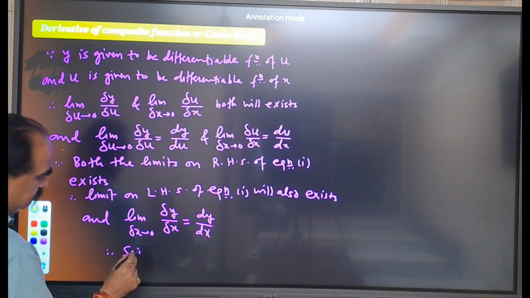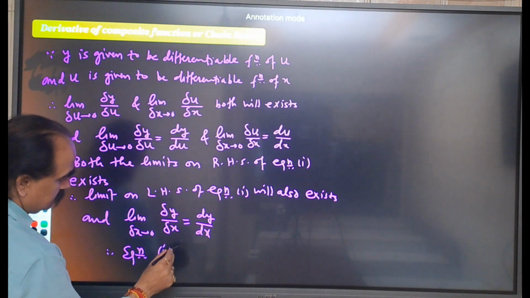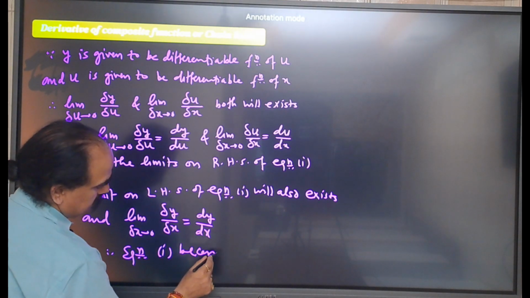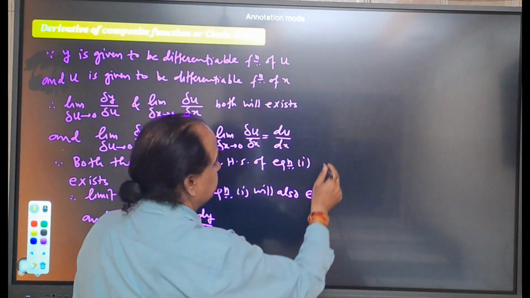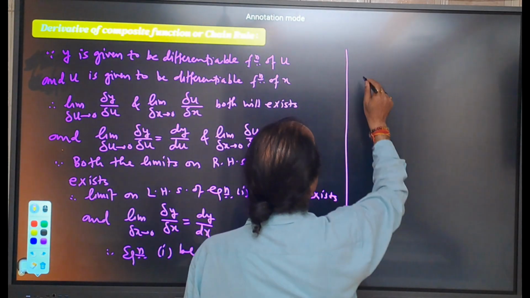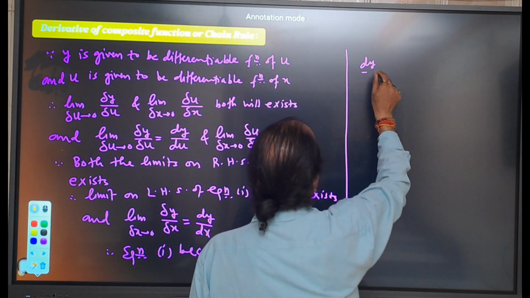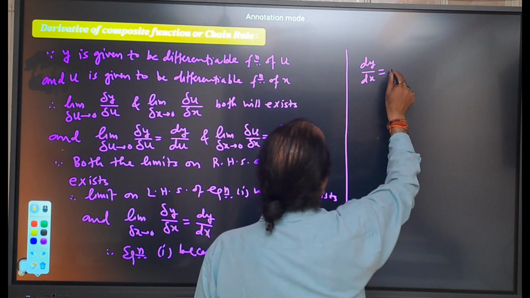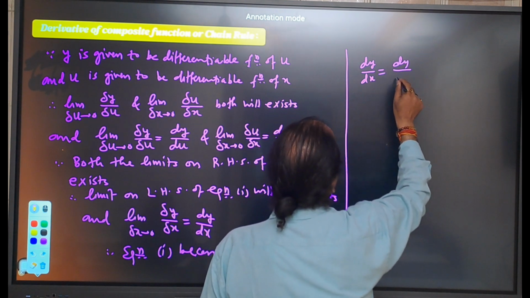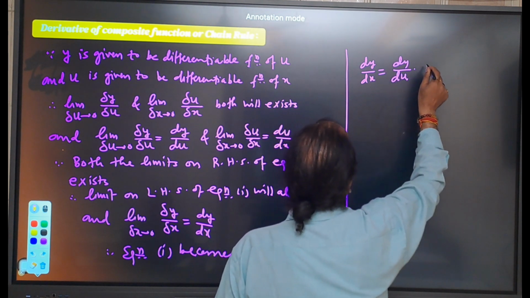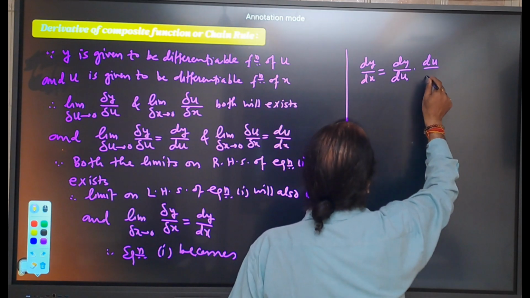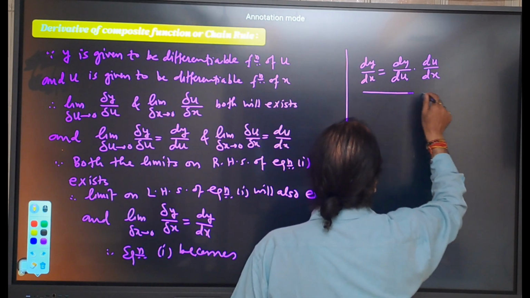Therefore equation 1 becomes dy by dx is equal to dy by du into du by dx.